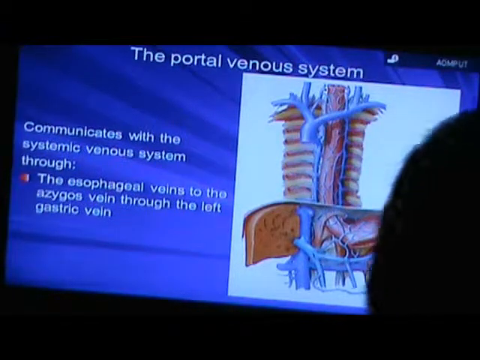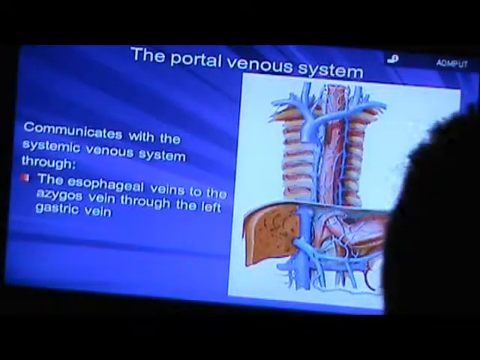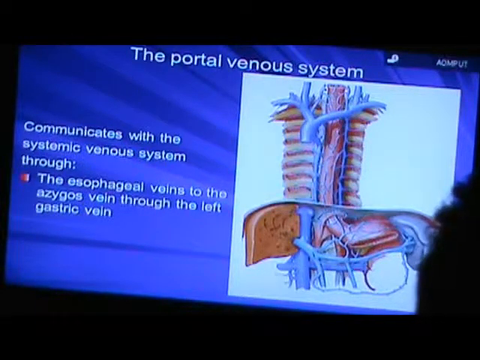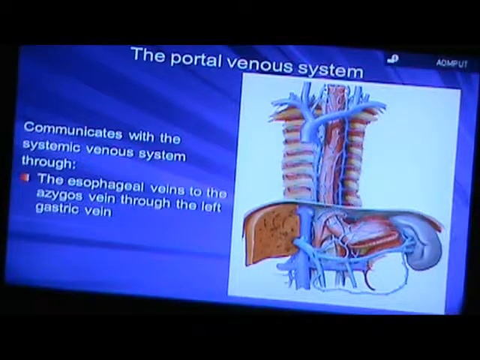The portal venous system communicates with the systemic venous system through the esophageal veins to the azygos vein, through the left gastric vein. Look, the left gastric vein passes with the left gastric artery. And the left gastric vein is only one, remember, because it's an unpaired, single vessel.